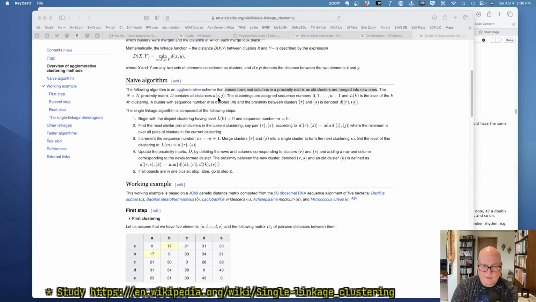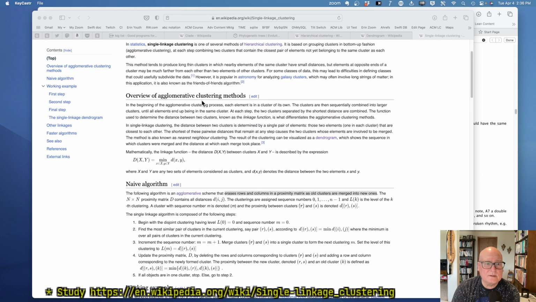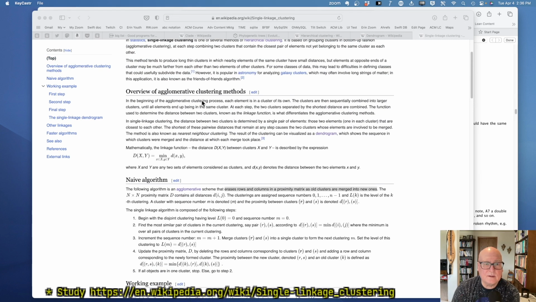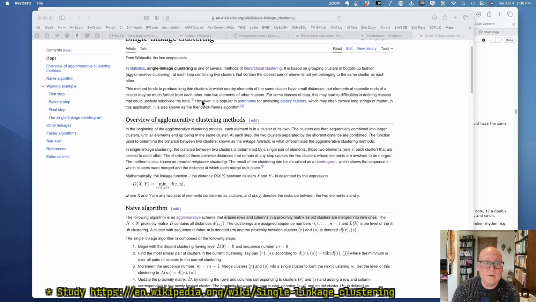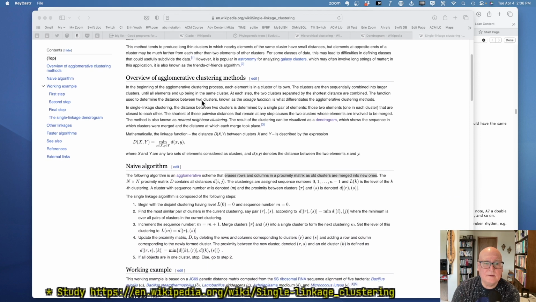Okay, so it contains all the initial distances. Clusters are assigned numbers. Okay, and levels. What are levels? Okay, clusters have levels. And they have, I don't know what we're calling our nodes. Elements.